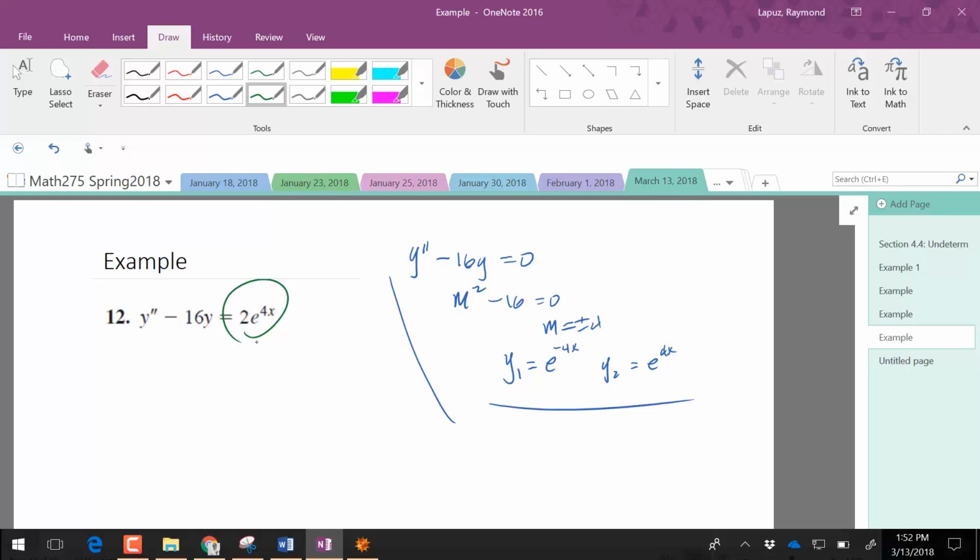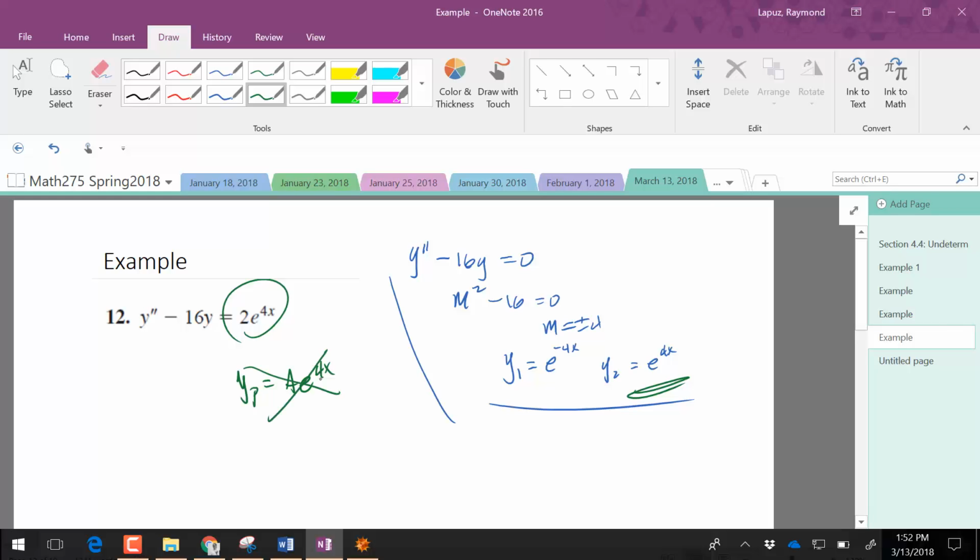So if I look at the particular solution, I would think that it would just be a times e to the 4x, right? Unfortunately, we have e to the 4x as a solution to the homogeneous differential equation already.